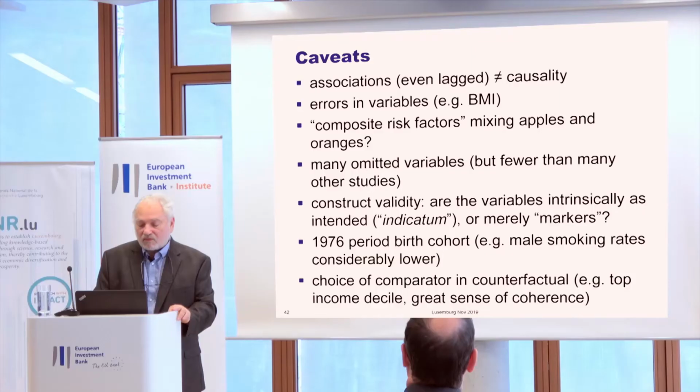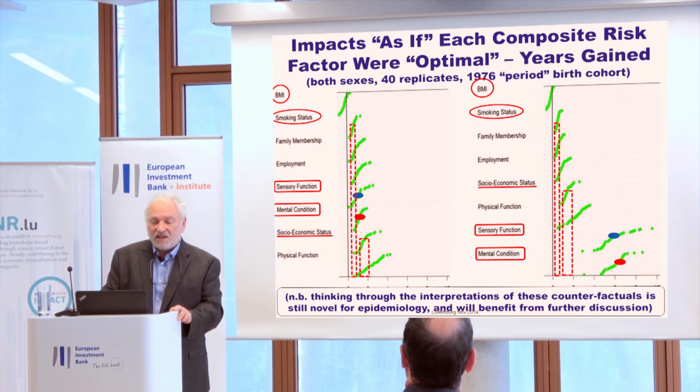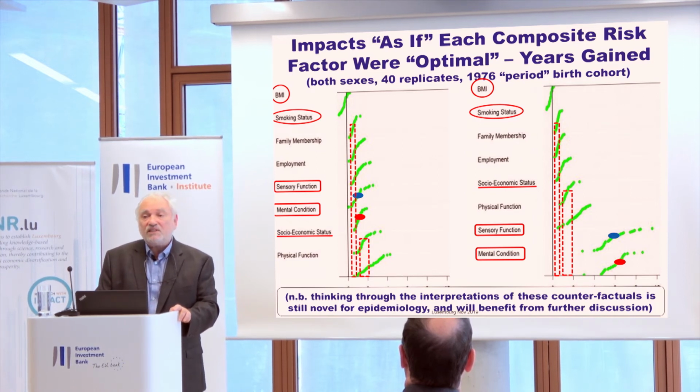This is estimated for a hypothetical 1976 birth cohort, and by that time, smoking had declined quite substantially in Canada, particularly for males. So this is what it looks like if BMI and other things were put at some nominal counterfactual level.